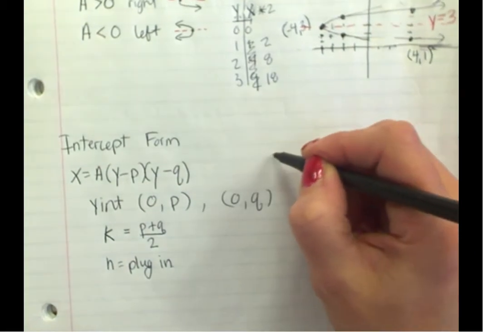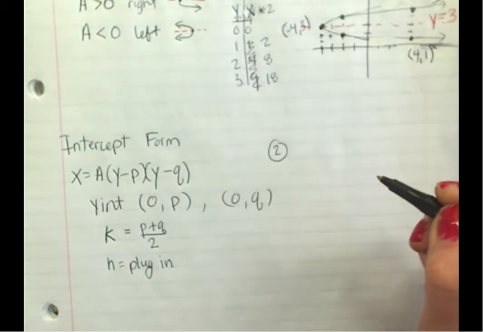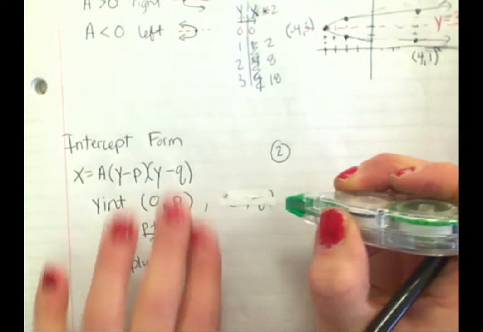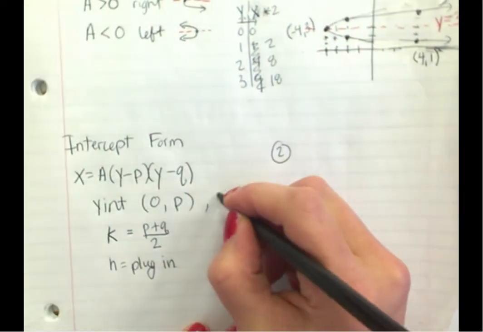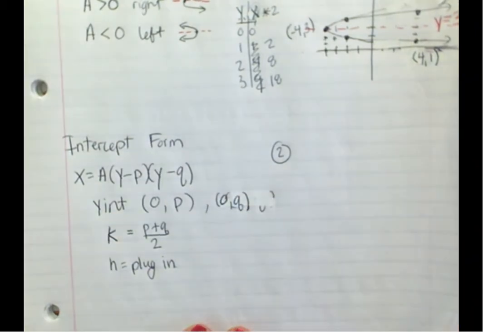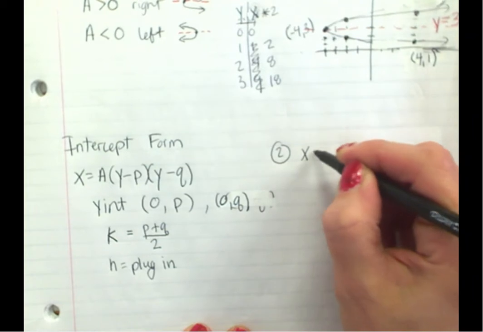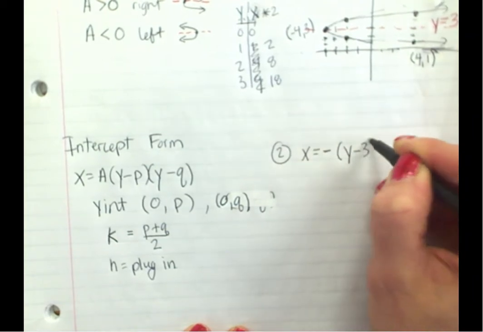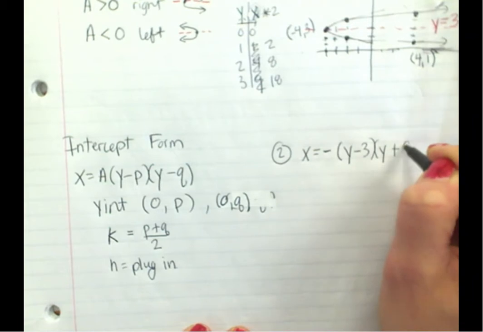Okay. Let's actually try it. Sometimes the formulas make a little less sense with the letters, and you have to connect it to something with numbers. x equals negative (y minus 3)(y plus 5).